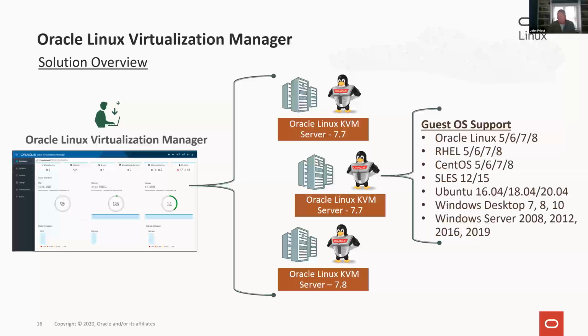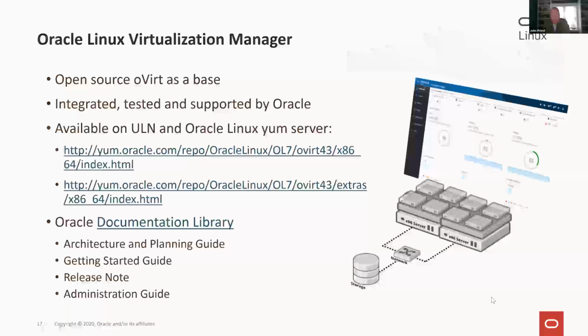You've got Oracle Linux, Red Hat, CentOS, SUSE, Ubuntu, Windows Desktop, Windows Server, and you can see all the different releases that we support here. So very many different choices depending on which applications you want to run in this environment and which guest OS you want to run within that. So we offer you the flexibility and the choice for your operating system needs.